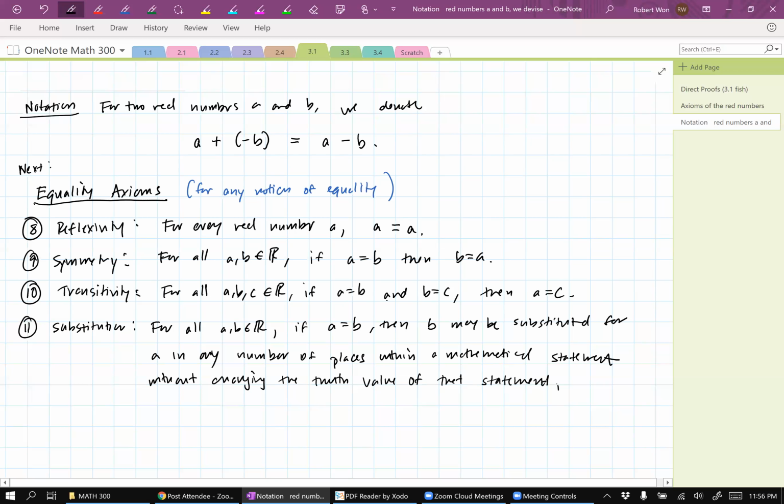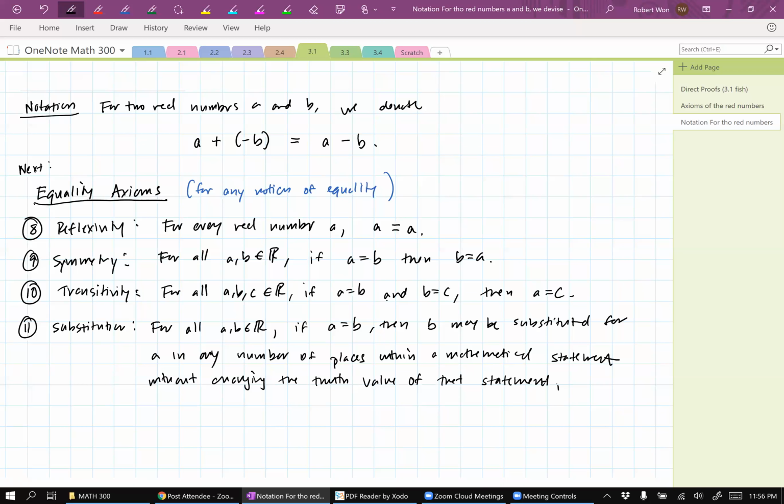Right? So for example, if you know that A equals B and A is even, then you know that B is even because A equals B. How do you know that? Because in your mind, you already know the substitution axiom. If you have two equal things, then if something is true about the first thing, it must be true about the second thing.